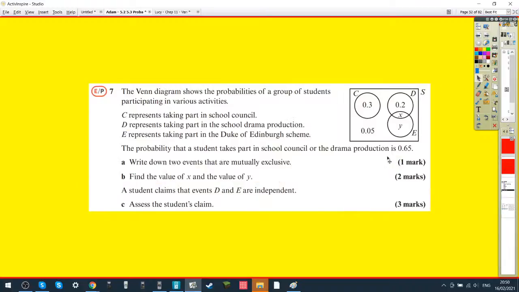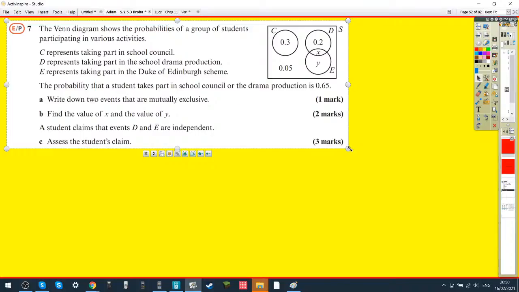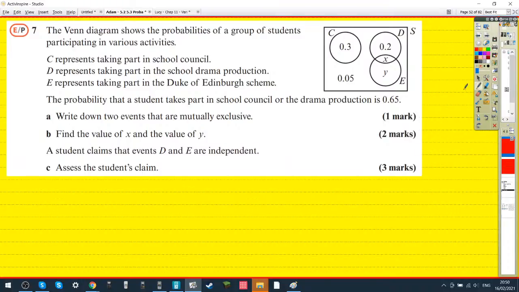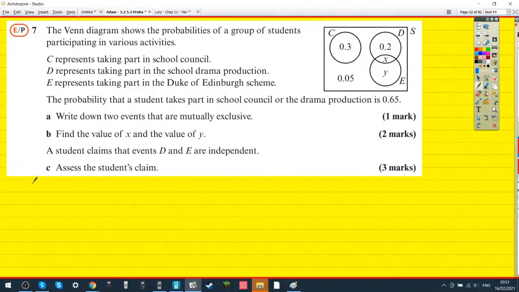Alright. It's starting to get weird. What is A? Two events that are mutually exclusive are D and E. Why would you pick the only two that aren't? But wait, is it S and C?